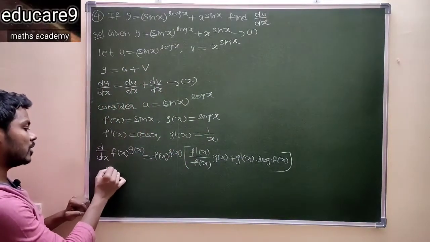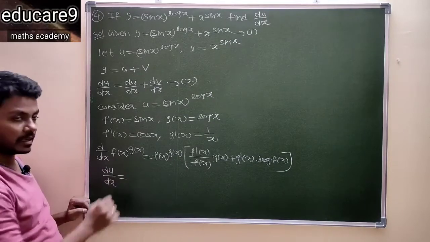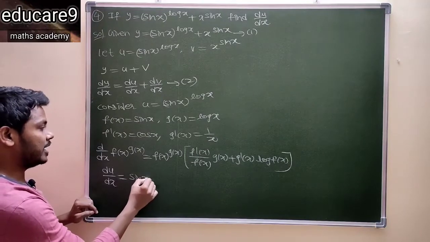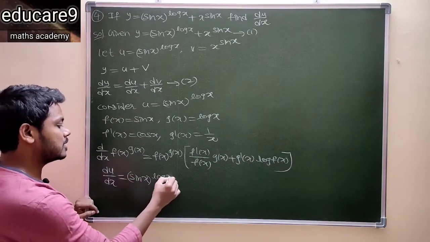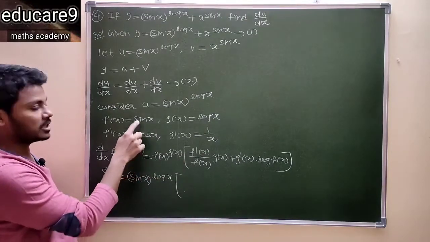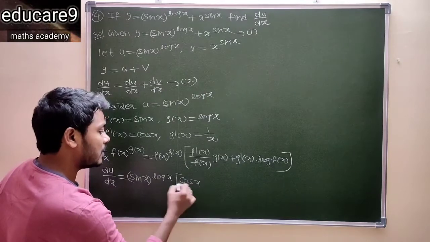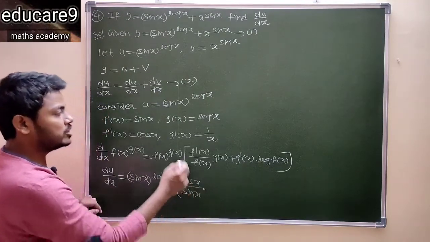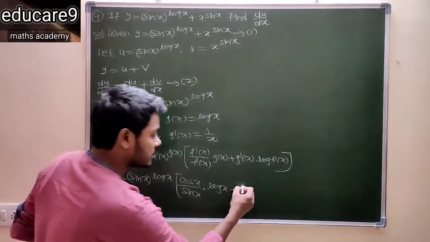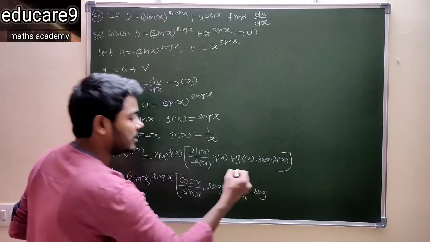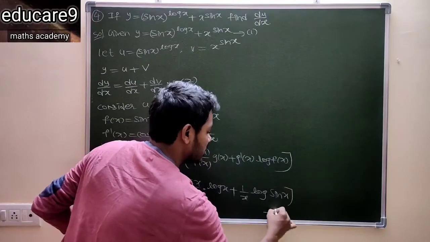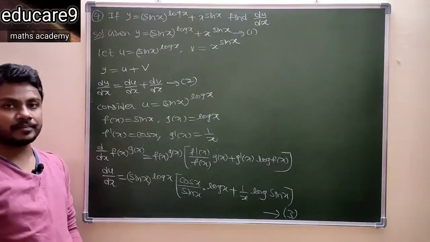Now therefore du by dx is f of x whole power g of x, that is sin x power log x into f dash x by f of x, cos x by sin x, into g of x, that is log x, plus g dash of x, 1 by x, log f of x, log sin x.